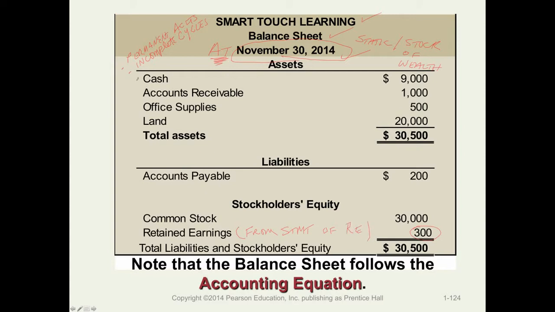Notice also that the assets are listed in the order of liquidity. It's actually the order of decreasing liquidity. The most liquid is first, and the least liquid is land.